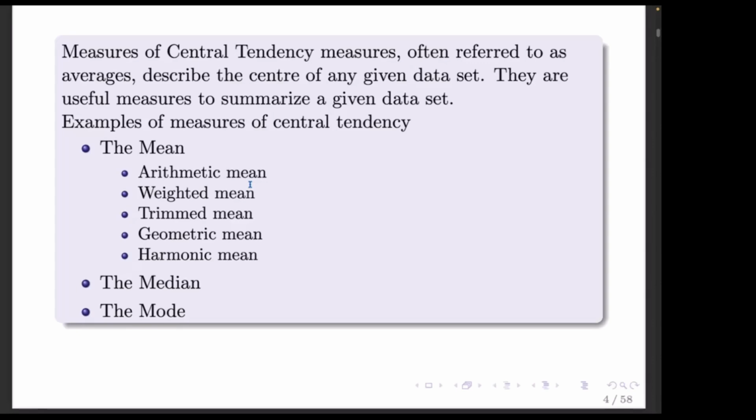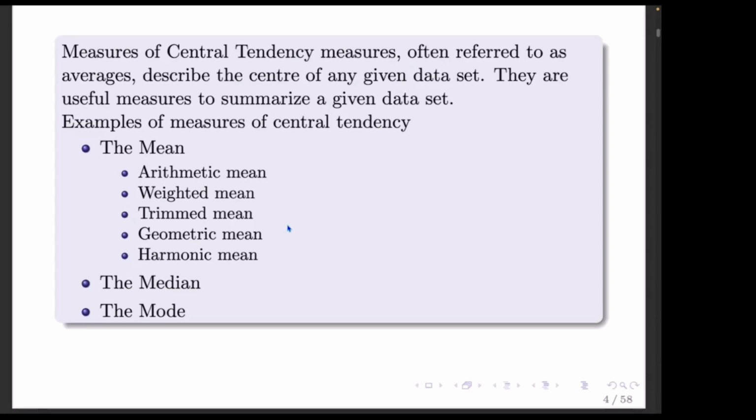Then we go ahead with the geometric mean. I don't know if you've heard of geometric sequence in senior high school; it's more or less like the geometric mean. It's a sequence, so here we have the common ratio, whereas under the arithmetic we have the common difference.